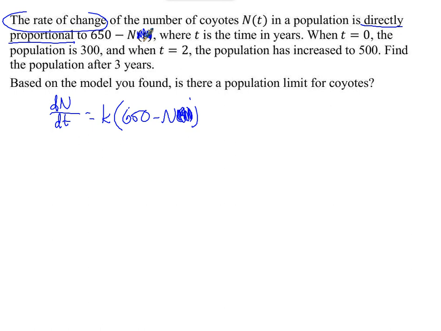Separation of variables first. dt over here. Yes, 1 over 650 minus n in the denominator there. dn equals k dt. So the right side is easy. The left side is not necessarily easy. Okay, integrate both sides.